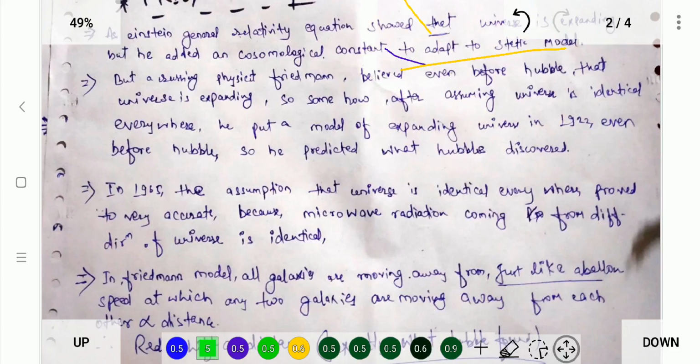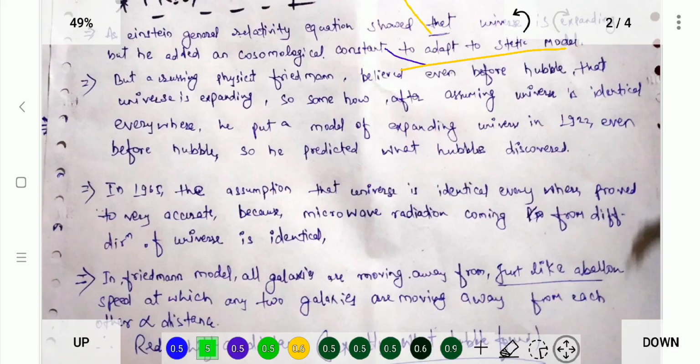In 1965, the assumption that the universe is identical everywhere proved to be very accurate, because microwave radiation coming from different parts of the universe is identical. See, the radiation which we receive from the explosion of the Big Bang or from deep parts of the universe is always microwave.